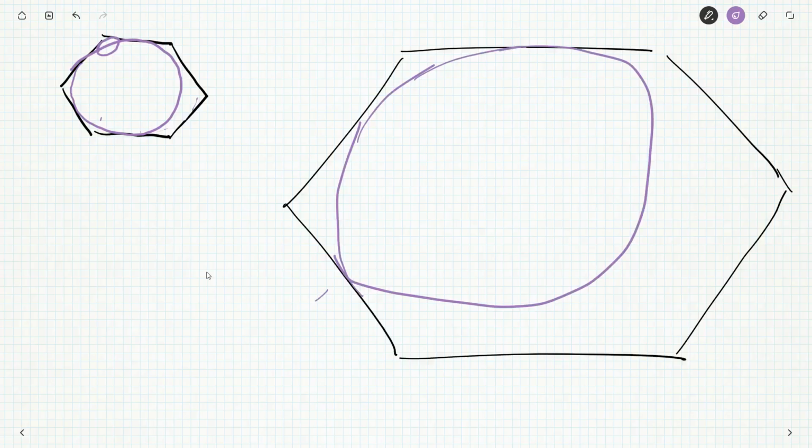It can't go outside, so these must be points of tangency. So let's use some circle geometry and see what we could see. Points of tangency, I always want to connect them up to the center. Now the center here couldn't possibly be at the center of the regular hexagon, or we would be touching all the sides.